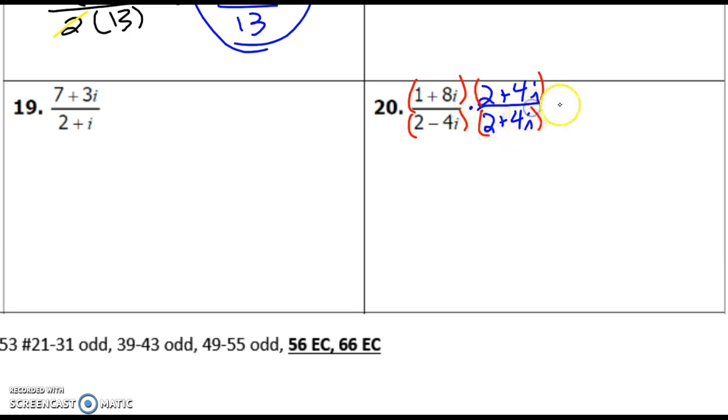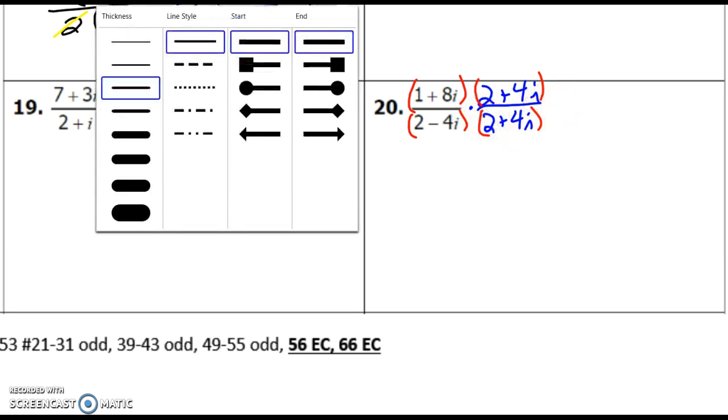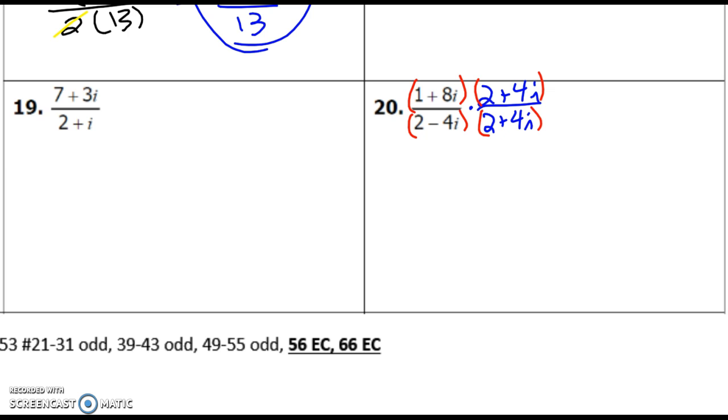So you're going to FOIL it. So first, I'm just going to jump down to this next line here. First, outside, inside, last. So first 2, outside 4i, inside 16i, and finally last 32i squared.